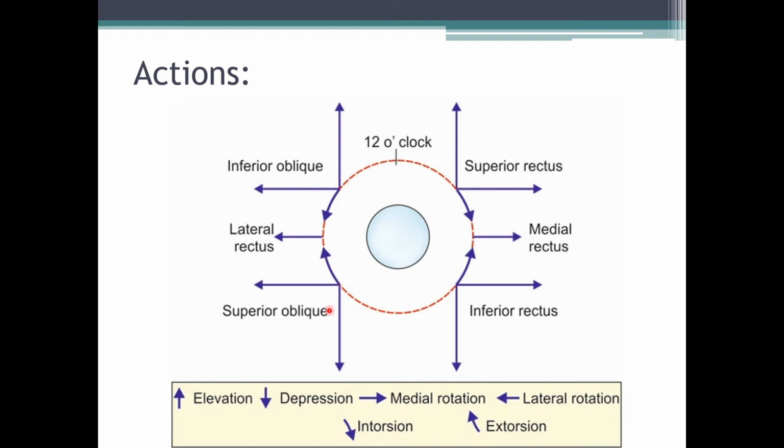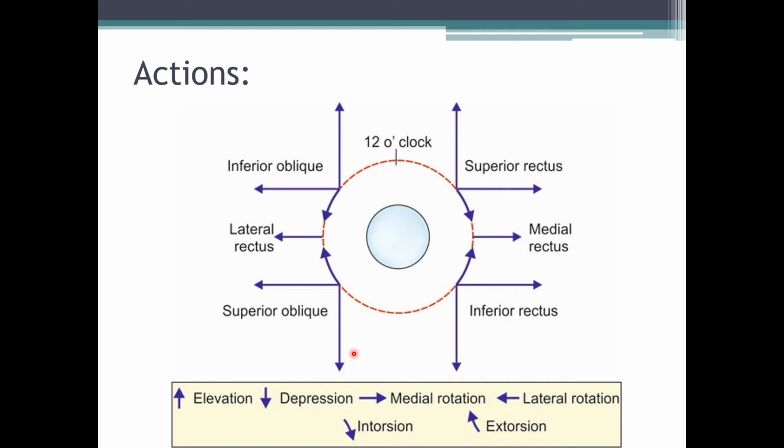Now the superior oblique. As they are oblique, their direction will change. So the name is misleading. The superior oblique never elevates, it will produce depression. You have to always learn the actions by the insertion of the muscle. In this audio lecture, I cannot show you how it will produce that action, so you have to imagine that the superior oblique is going laterally, downwards and backwards.